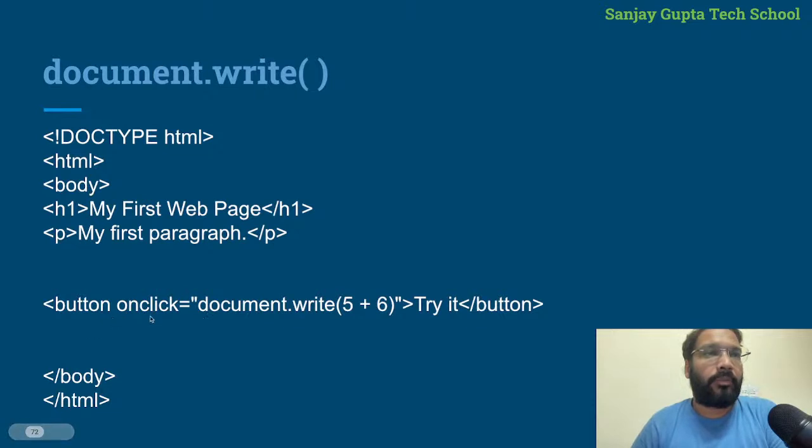Here on the button, we have an event that is onclick. The onclick is having document.write 5 plus 6. What will happen is, if you click on that button, document.write will show you the result as 11. The label of that button will be Try it.